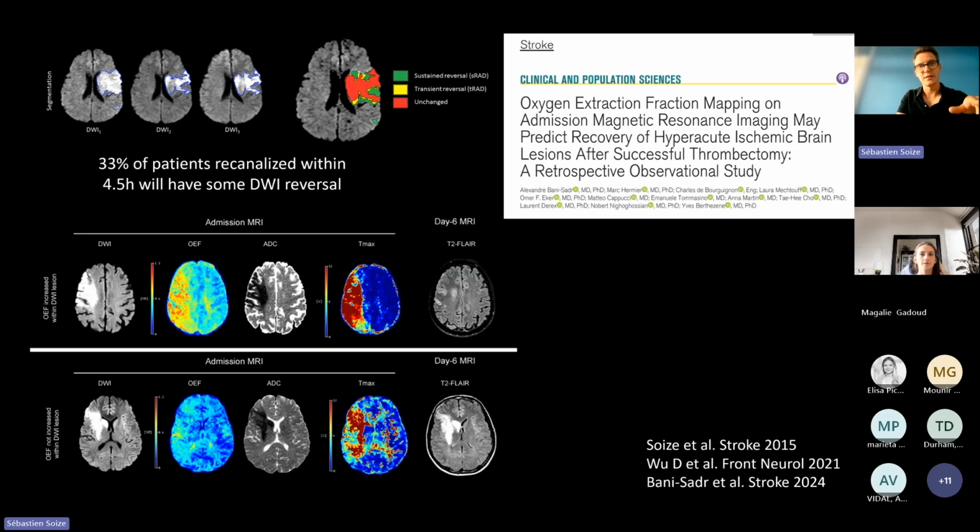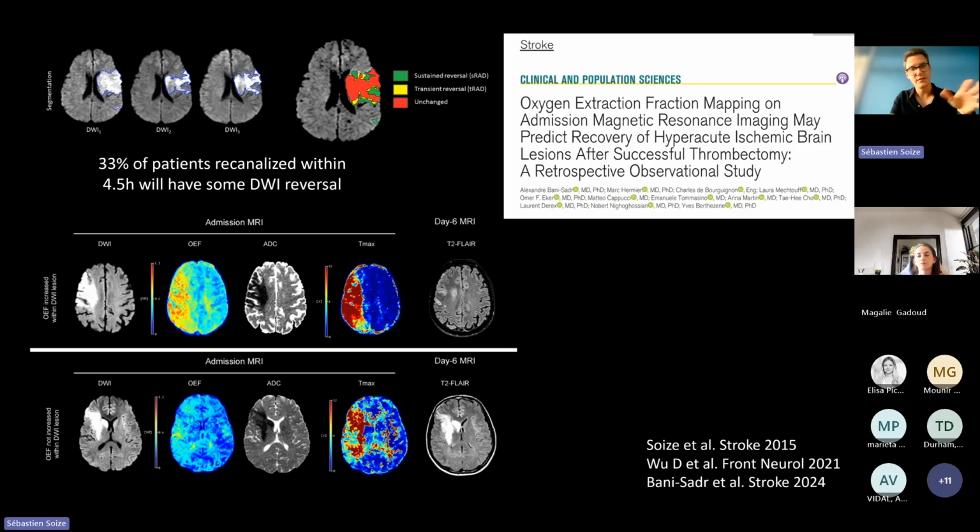And it's interesting. 11 years ago, I worked on this, the top figure, about DWI reversibility after thrombolysis. We know that if we go fast and recanalize the patient fast, some of the DWI lesion can go away, restore, and be sustained.